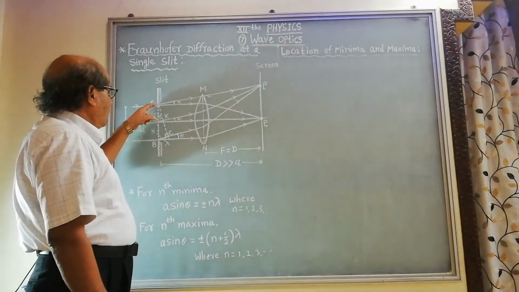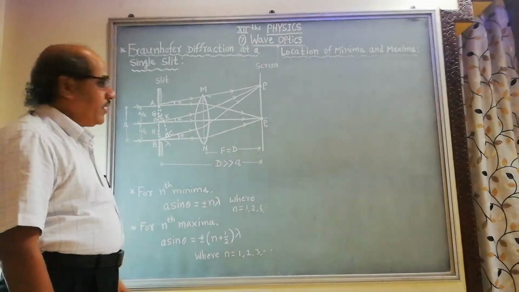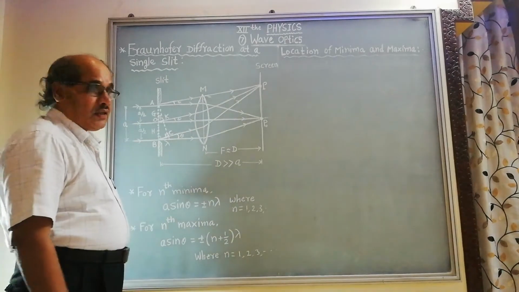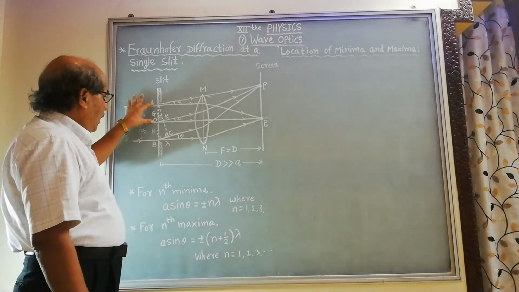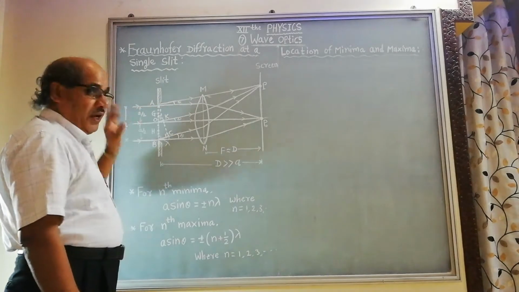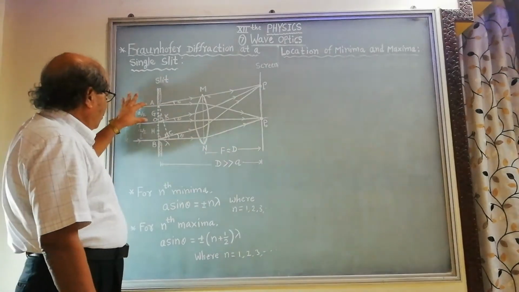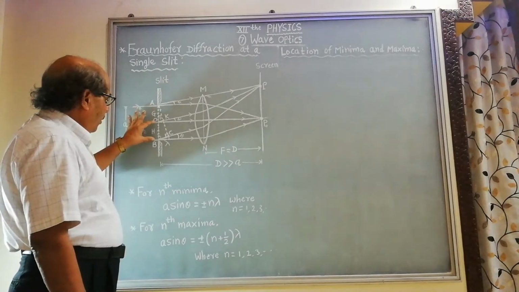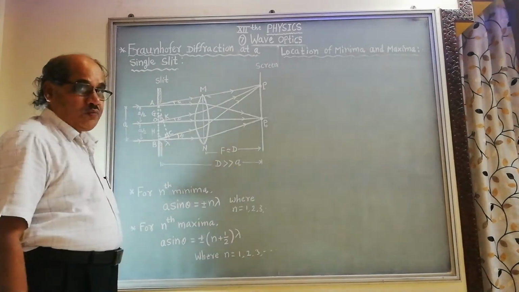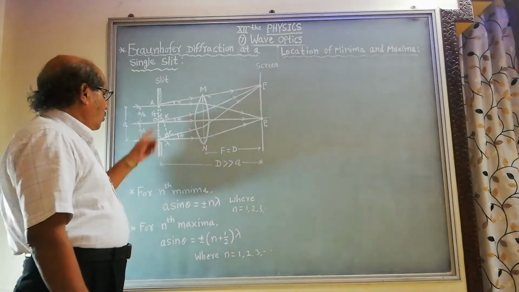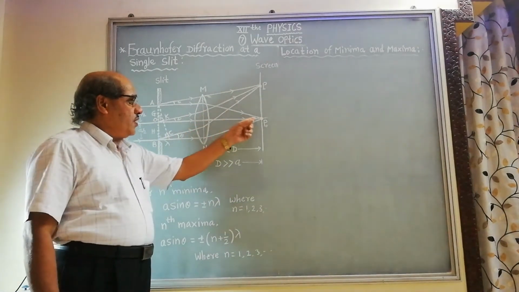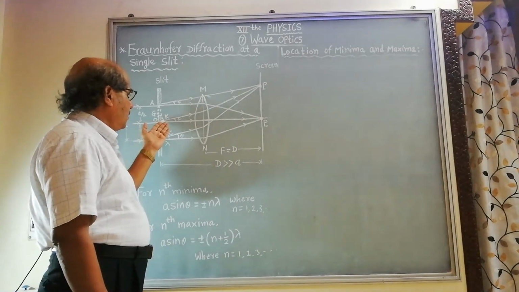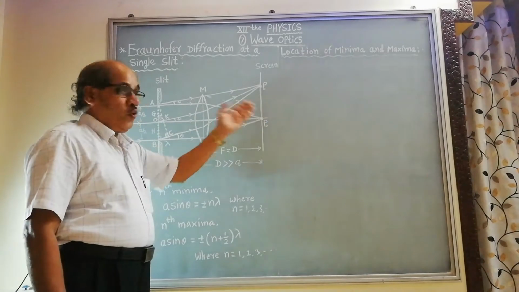Now this slit AB is divided into two equal parts, AO and OB. So the width of AO is A by 2 and the width of OB is A by 2. This is the direction of the incident ray. The incident ray travels along OP0.